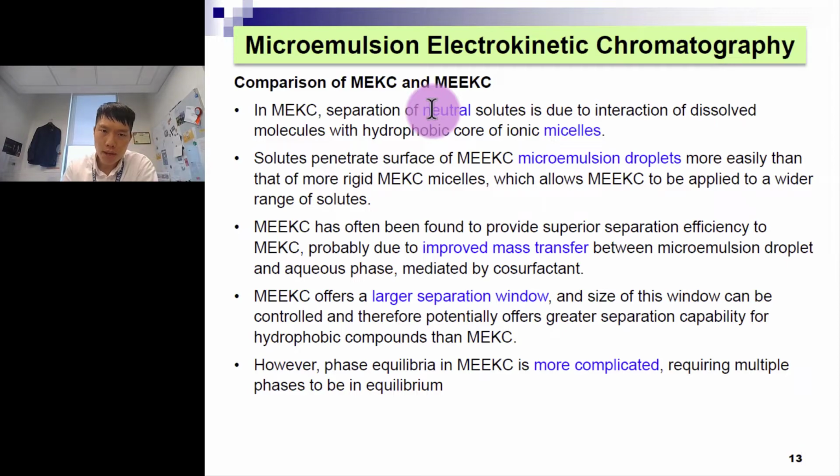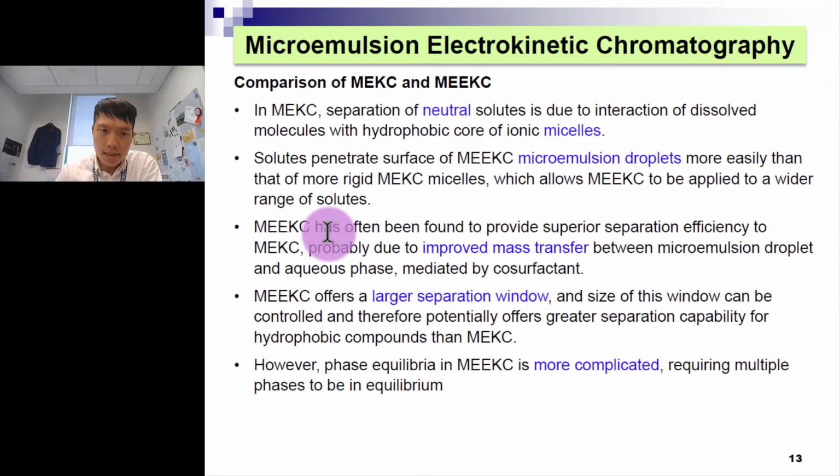A comparison between MEKC and MEEKC, this extra E: one single difference is that in MEKC, separation of neutral solute is due to interaction of dissolved molecules with the hydrophobic core of the ionic micelle. Solute penetrates the surface of MEEKC microemulsion droplets more easily than that of the MEKC micelle. So MEEKC has a wider function.